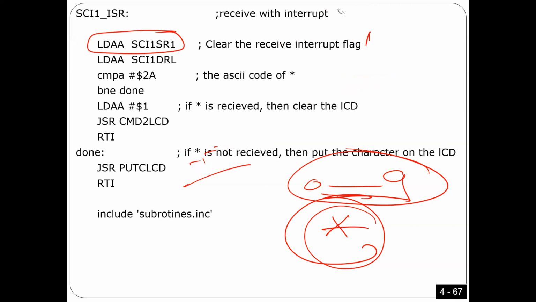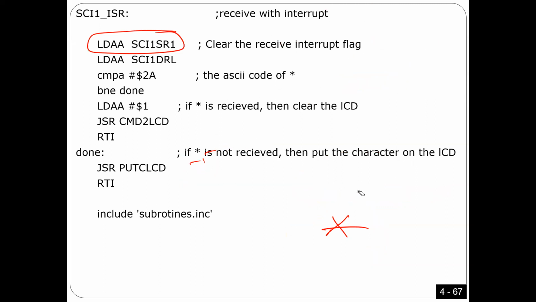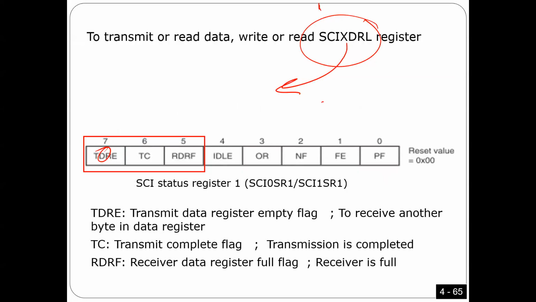I'm reading the register not because I want its value, but because once I read it, the interrupt flag bit is cleared automatically, right? Which register is that? This is SR1.